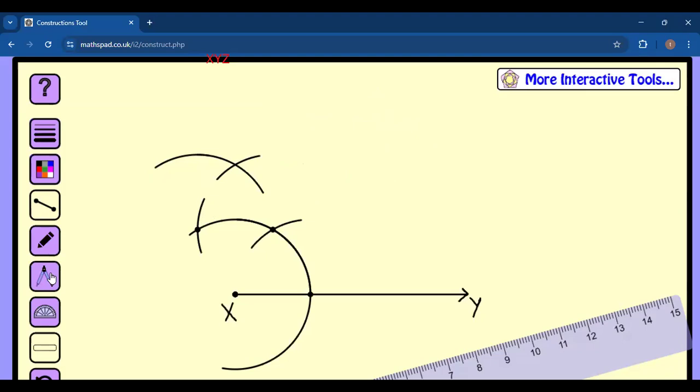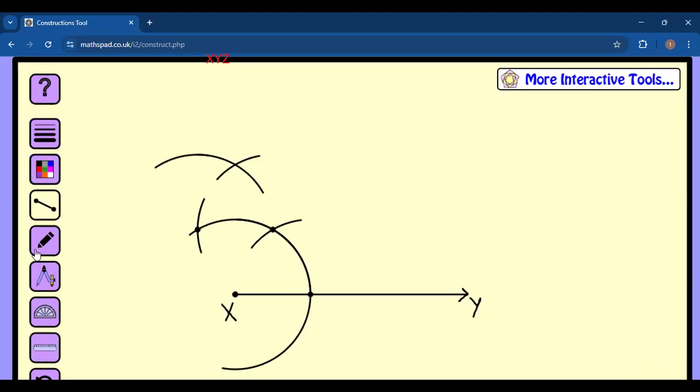So class, what is the next thing that I'm going to do? Draw the line. What type of line is it going to be? A 90-degree angle, right? So it's going to be a straight line. A straight line. Very good. So I'm going to draw it like this.